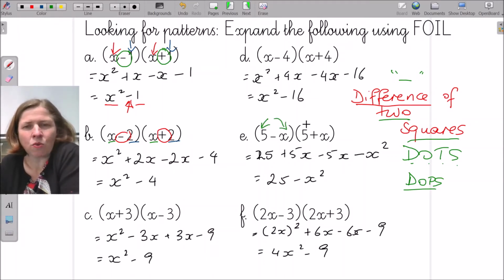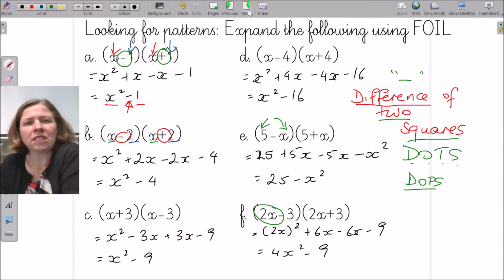I still take the square of the first term, which is 5, so this 25 is my 5 squared, minus the x squared. And in this one, when I said take care, that's because we don't just want 2x squared, we want the 2 to be squared as well. So when I square 2x, I get 4x squared. And then I subtract and I get the 9.